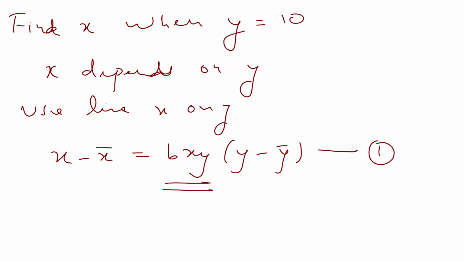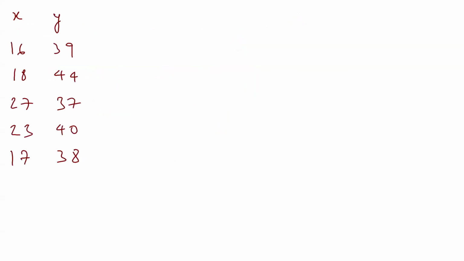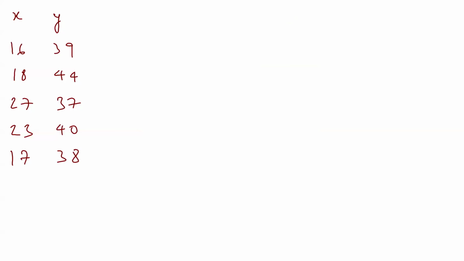Now we'll try to reduce the values which are given in the problem. We'll make it small. So let's introduce something which is called a. A is nothing but assumed mean. So a is equal to the bigger value, which is 27, plus the smaller value, which is 16, upon 2.